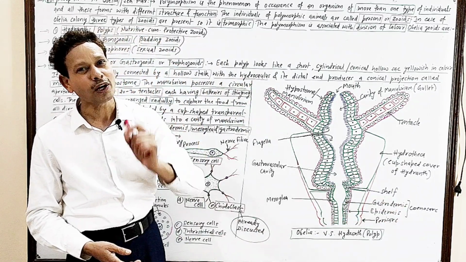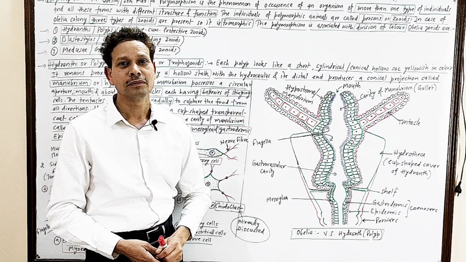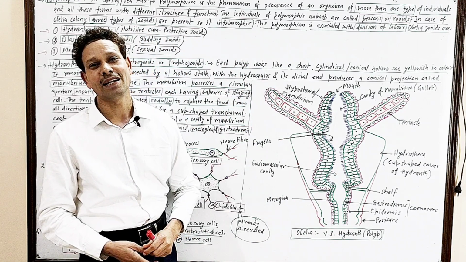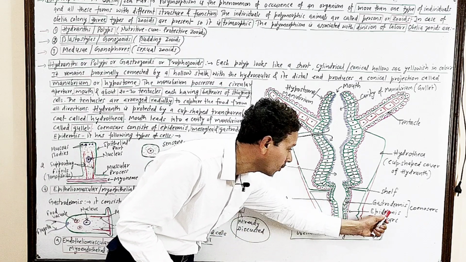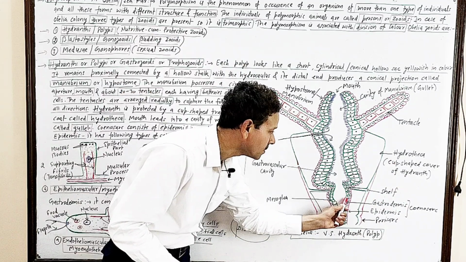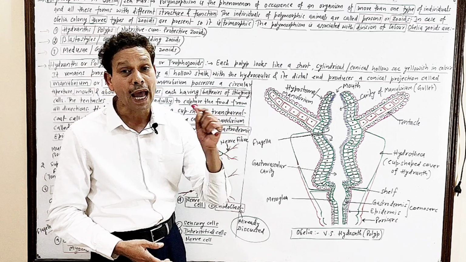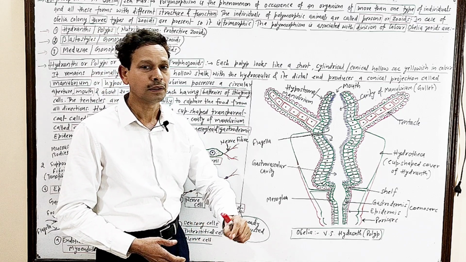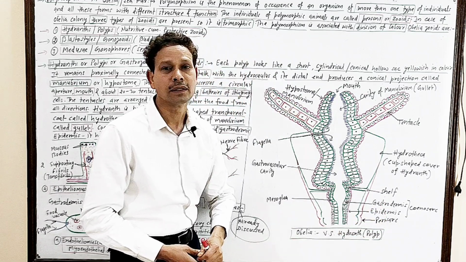The outer is perisarc and the inner wall is coenosarc. Dear students, note down, this coenosarc is further made up of two layers of cells. The outer layer of cells is the epidermis, and the inner layer, which is involved in digestion of food, is the gastrodermis.